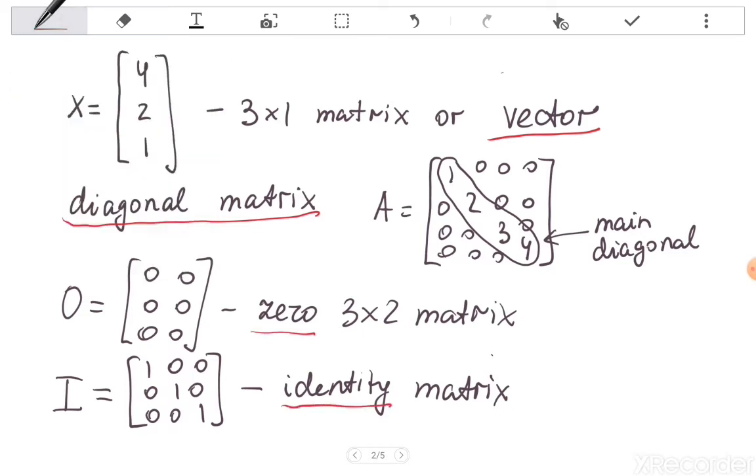And also there are some operations which can be introduced for matrices. The first operation is transpose. Transpose is denoted by T. The transpose of the matrix is the same matrix, but now the rows become columns and the columns become rows.